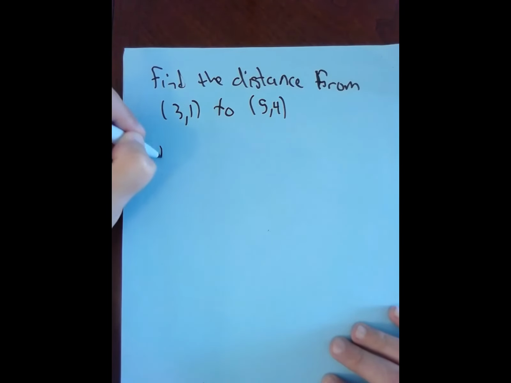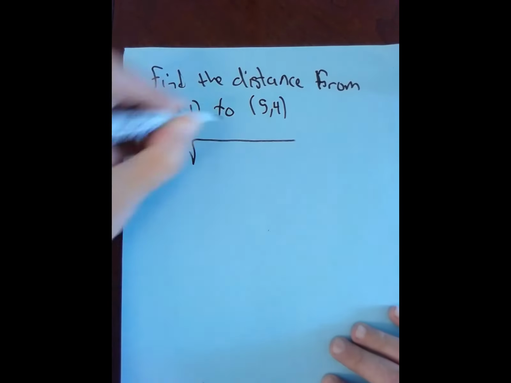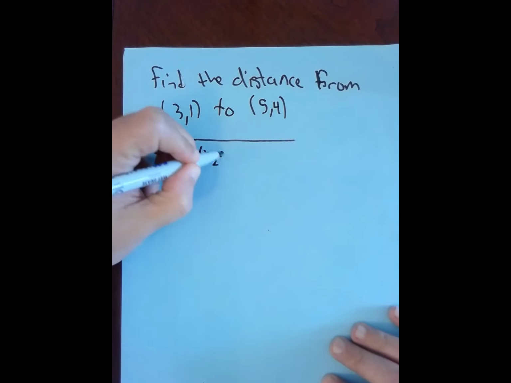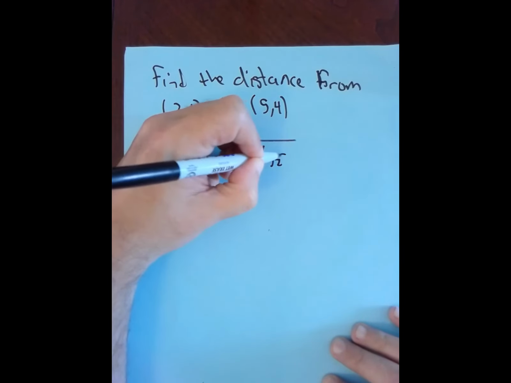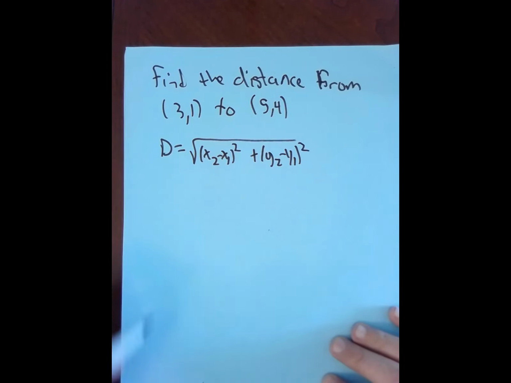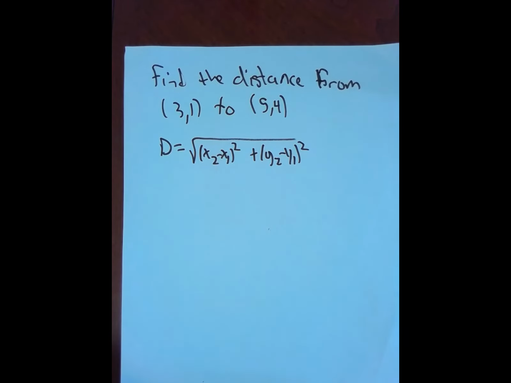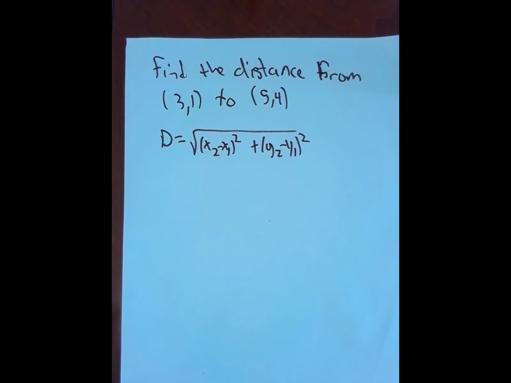Okay, we know our formula. Distance is square root x2 minus x1 squared plus y2 minus y1 squared. We just have to identify which point is point number 1, which one's point number 2. It doesn't matter. We could do it either way.